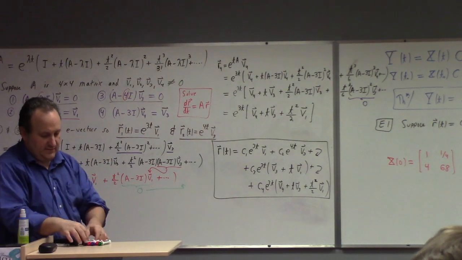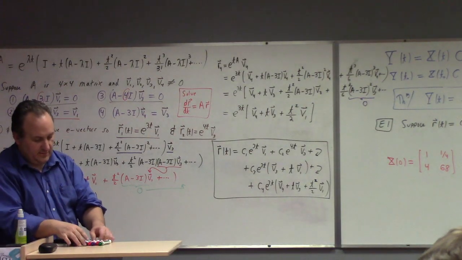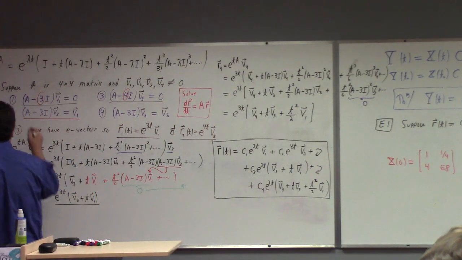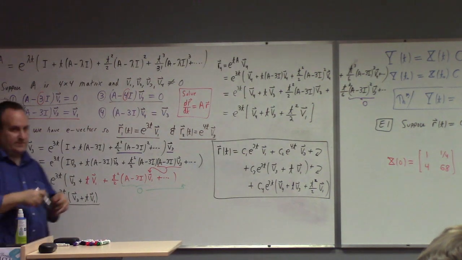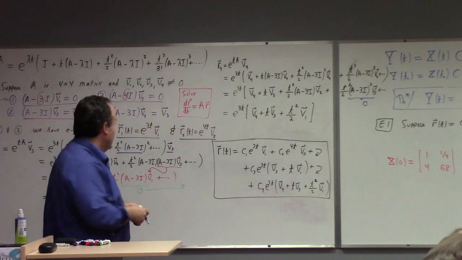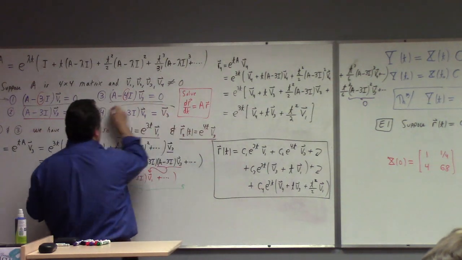Sometimes I change it a little bit so you have to think a bit, right? Like I could write it instead as A times v1 is equal to 3v1. So your job, if I give you something like that, is to understand what it means, right? Like this one, right?